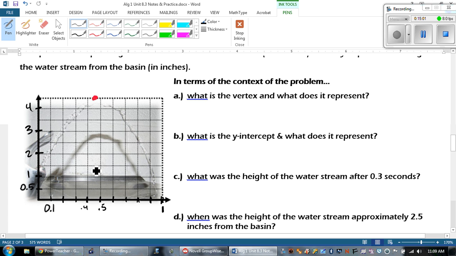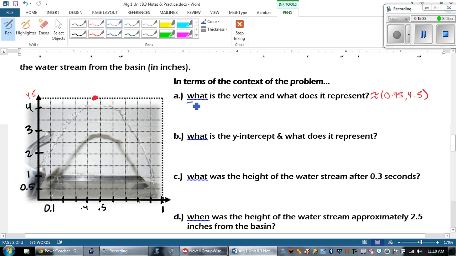So it's 0.45 seconds, and the height of that, this would be 4.5. So what does that represent? Yeah, it's the maximum height of the water in inches after the amount of seconds.